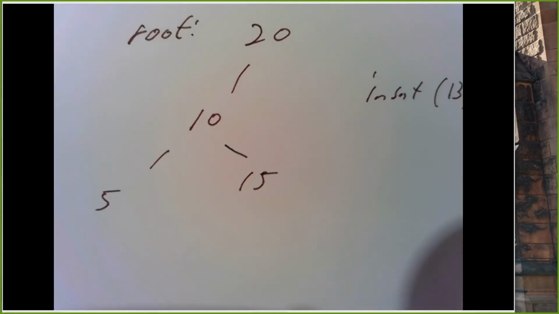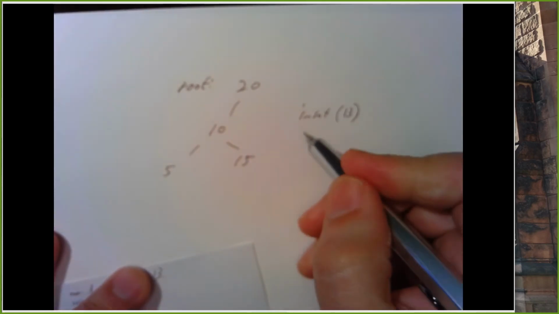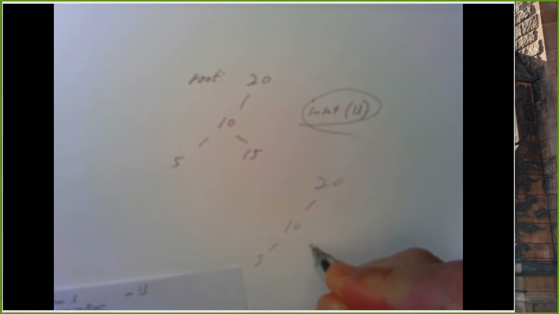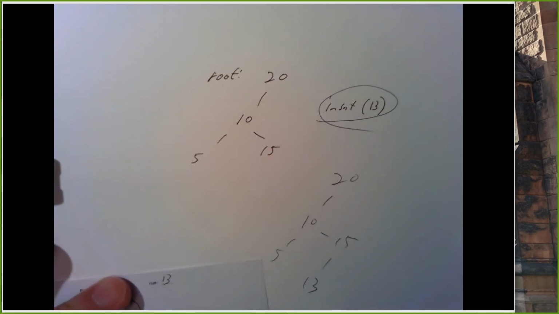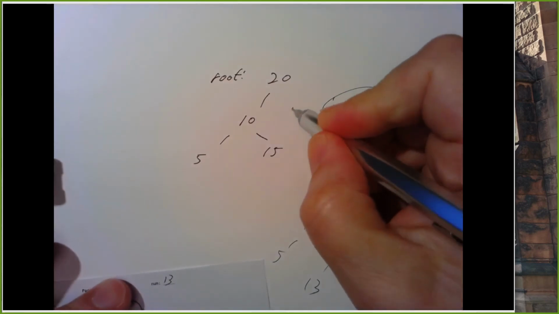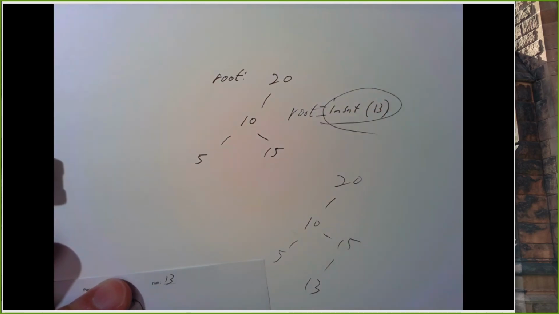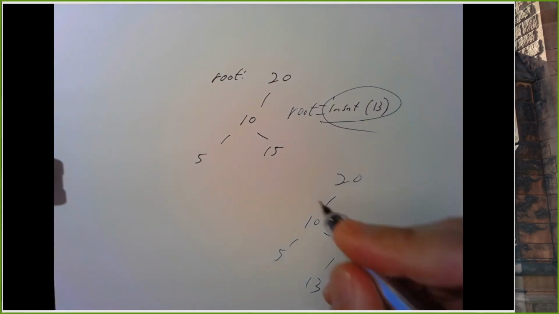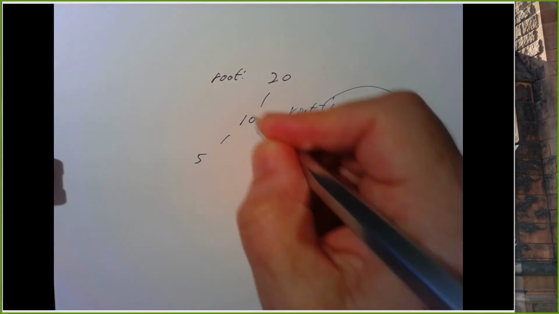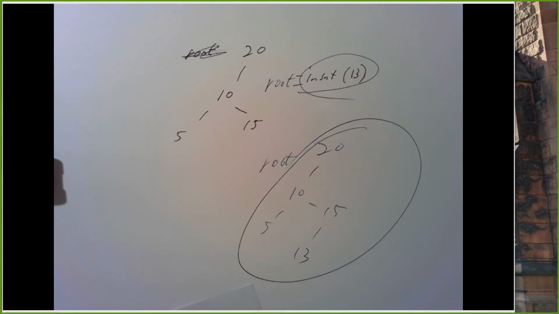And that was called from main. This was our original call to insert. And the return value from that is this tree with 5 nodes. And so if in main we said root equals insert root comma 13, now that's what root looks like.